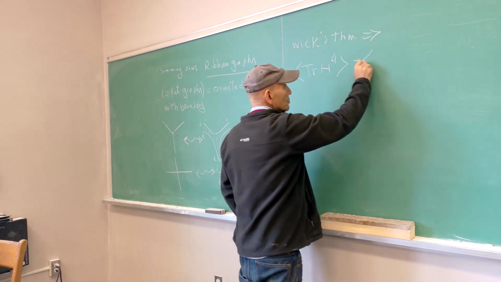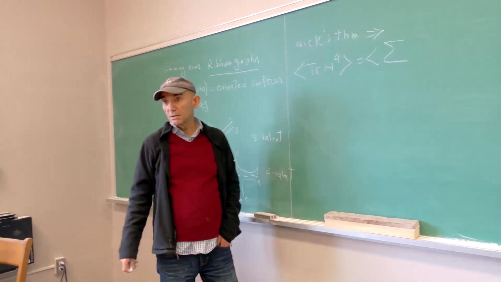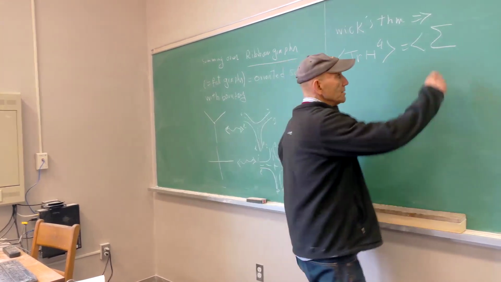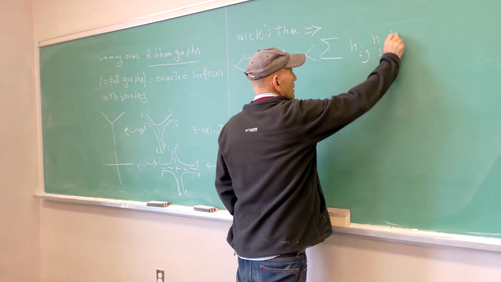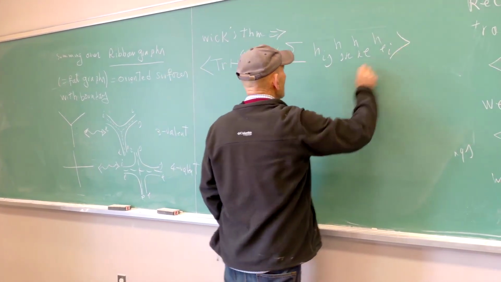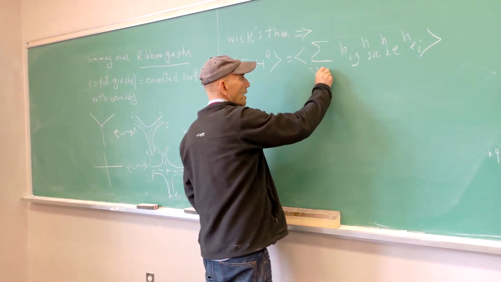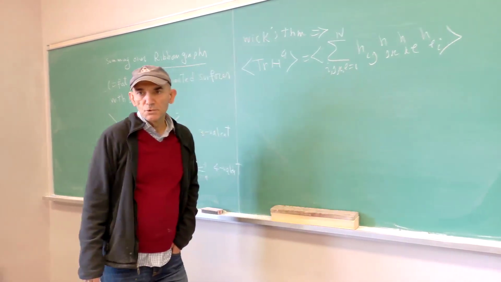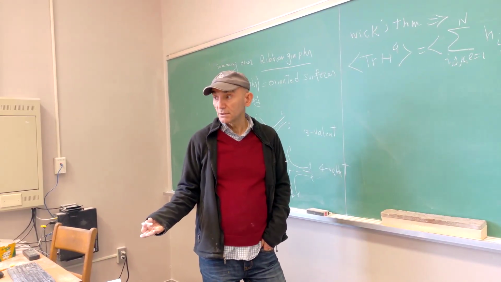So this is equal to a sum. If you just expand, the trace of H4 is just the sum of Hij, Hjk, Hkl, Hli. Now, a priori, i, j, k, l go from 1 to n. So there are n to the power 4 choices of indices.